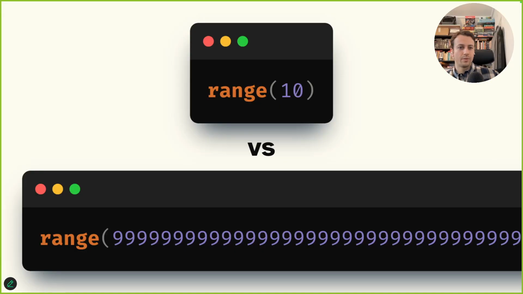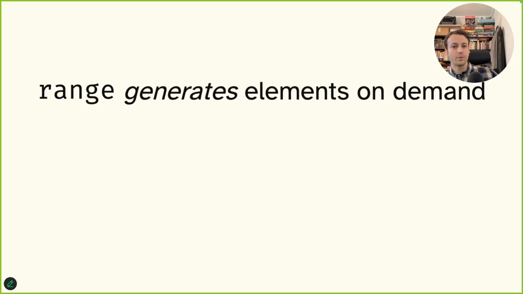And from your reaction, I don't think you were not impressed by that. Excellent, because that's a great starting point. If you're comfortable with the fact that these 2 snippets of code will run in essentially the same amount of time, then you're good to go. Because the key realization here is that the built-in range generates elements on demand.